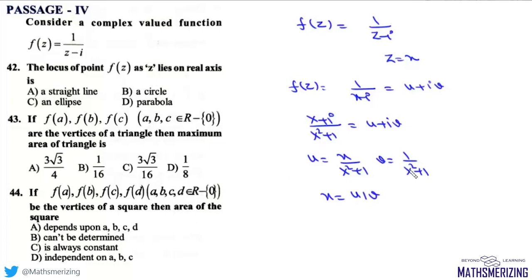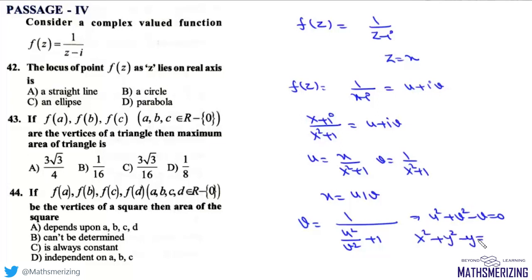Now we put the value of x here, we can write v equals 1 upon (u square upon v square plus 1). So it will be u square plus v square minus v equals 0, which is x square plus y square minus y equals 0, which is the equation of a circle. So the answer to this question 42 is option B.